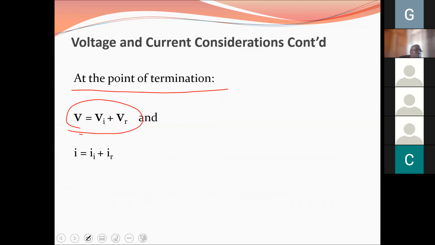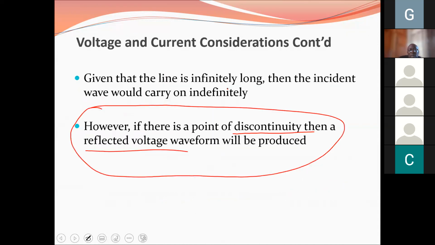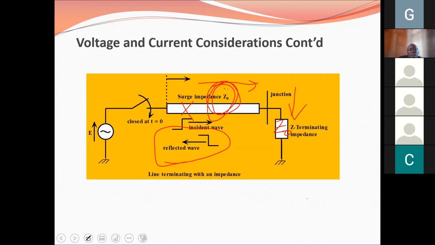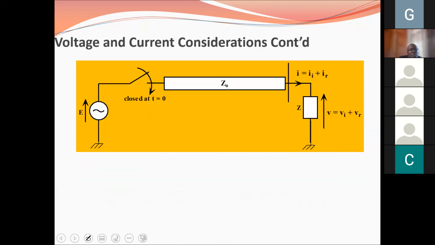Okay? So I is equal to I incident plus Ir. Let's go back and we can see. Oh, I haven't shown it on this one. So that's what we have here. So the voltage at this point, with respect to Earth, would be equal to this.